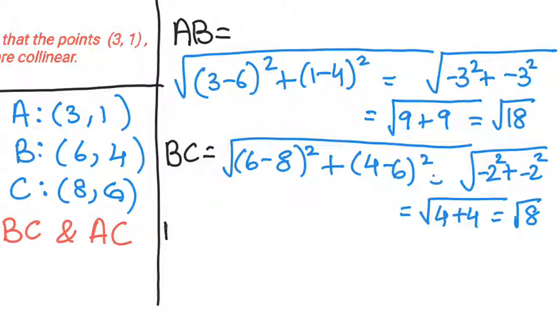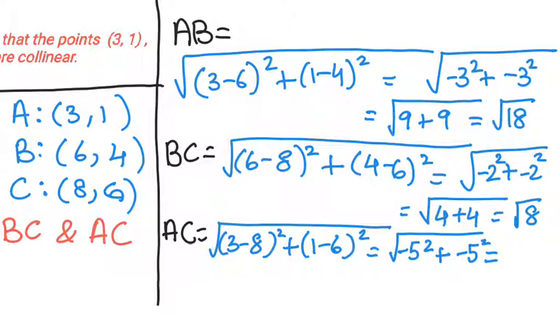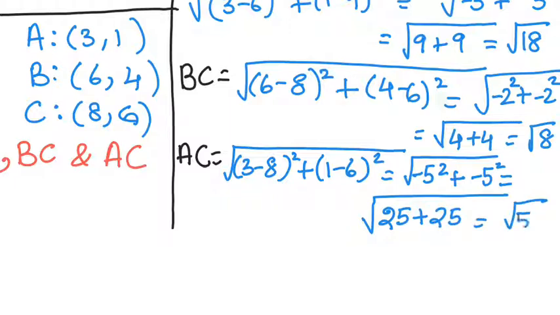Now we find the distance between A and C, that is equal to root of 3 minus 8 the whole square plus 1 minus 6 the whole square, that is equal to 3 minus 8 is minus 5 the whole square plus 1 minus 6 is again minus 5 the whole square, that is equal to root of 25 plus 25, that is equal to root of 50.